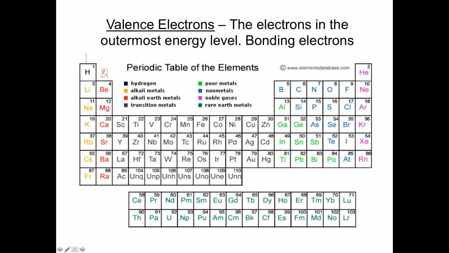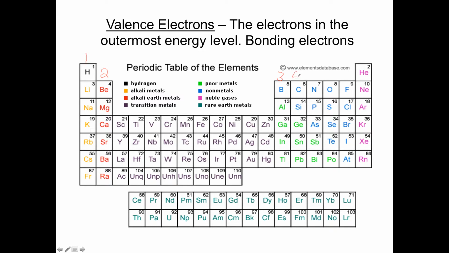What that means is that every element in this column has 2 valence electrons. Now we're going to skip the D block section, that's all the transitional metals, and I'm going to jump on over to the column that has boron in it. This column is going to get a 3 on the top. What that means is all these elements in this column have 3 valence electrons.